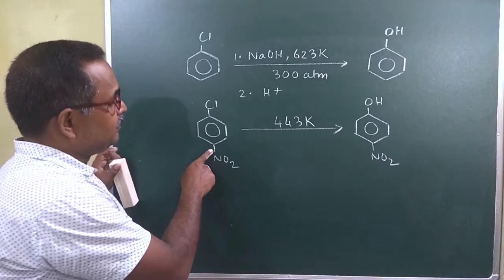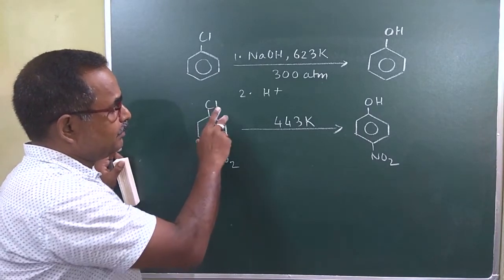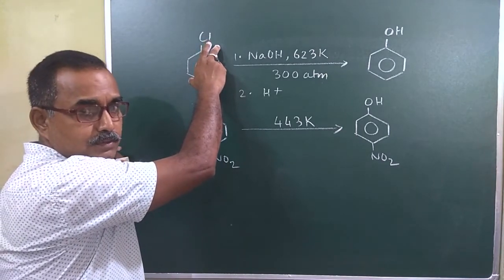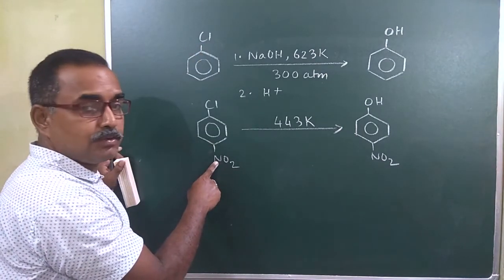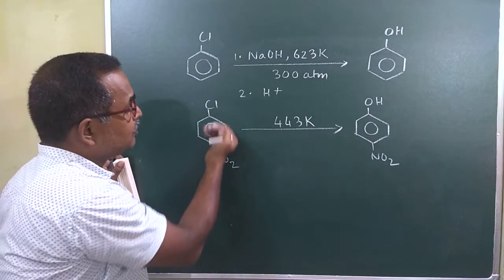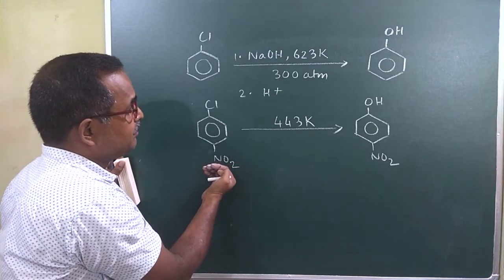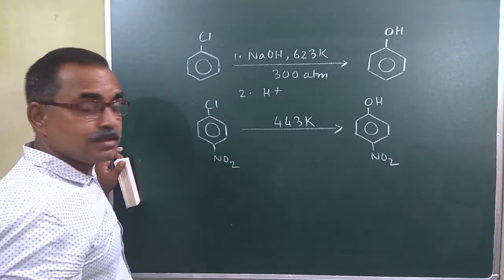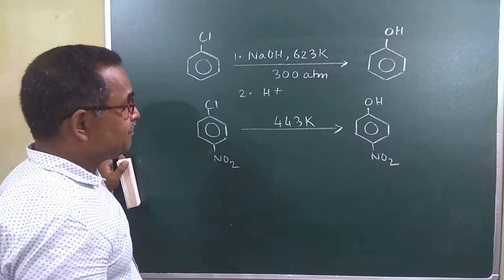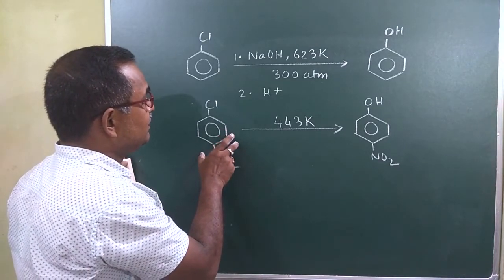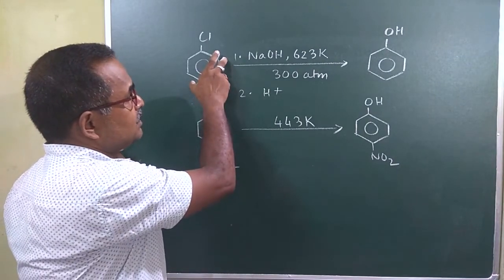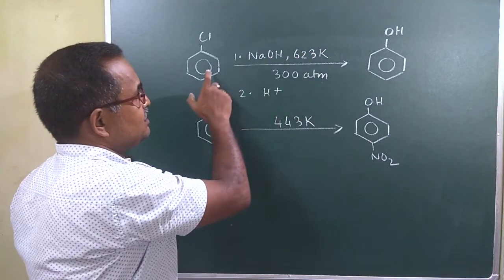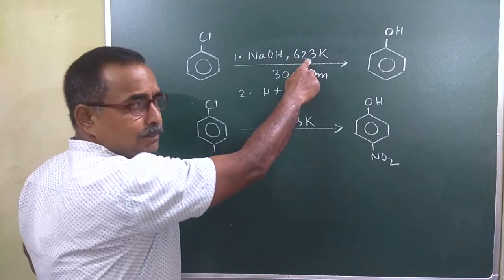Due to presence of nitro group at para position, this species becomes more reactive than this one, because nitro group is an electron withdrawing group. It withdraws electron from the aromatic system. As a result, the C-Cl bond becomes more reactive. The greater reactivity of this compound can be understood from the temperature needed for the two reactions. Since it is less reactive, we need higher temperature.